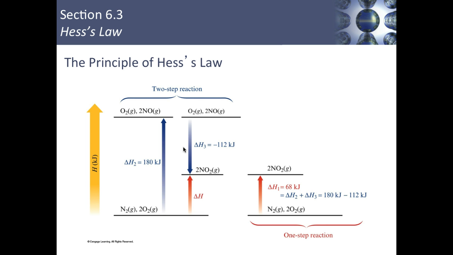So whether it happens as a single step or as 2 steps, my final energy result is exactly the same. Now, we have to do a good amount of practice on these because I want you to be very comfortable with Hess's Law, both understanding it and putting it into practice, because you're going to need it as time goes on.